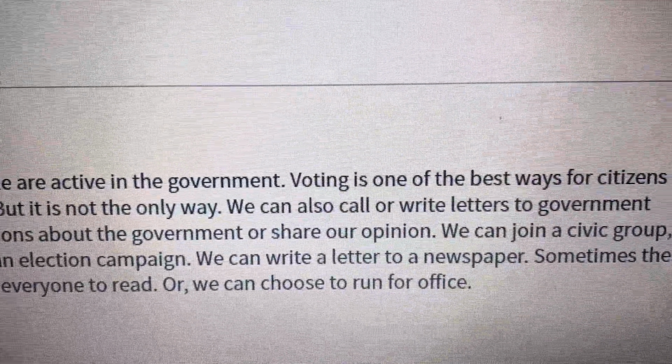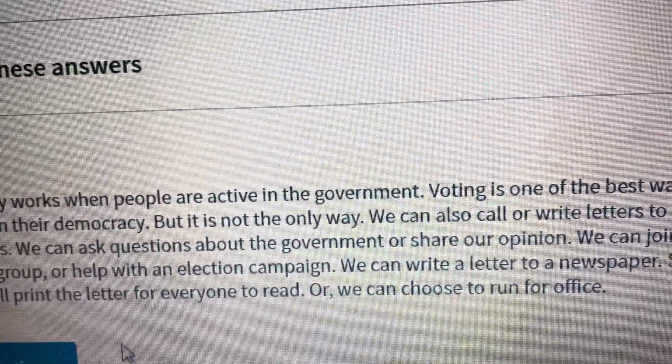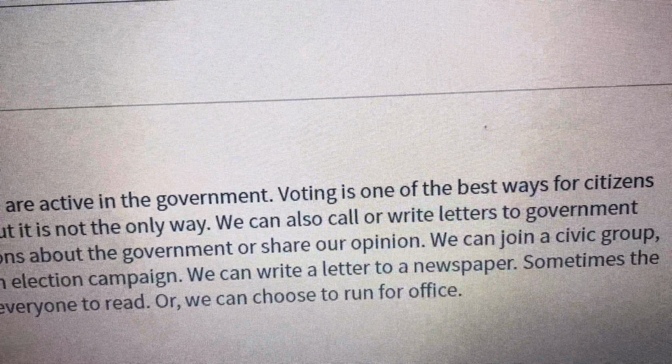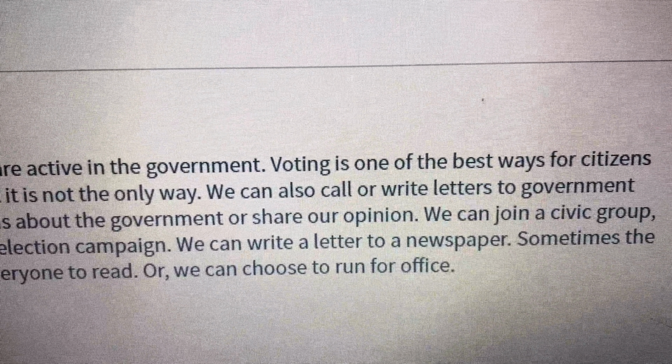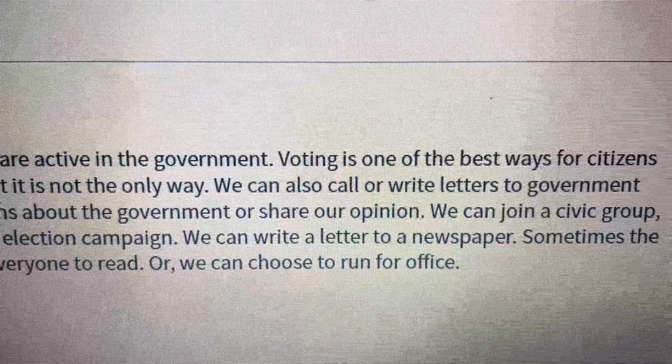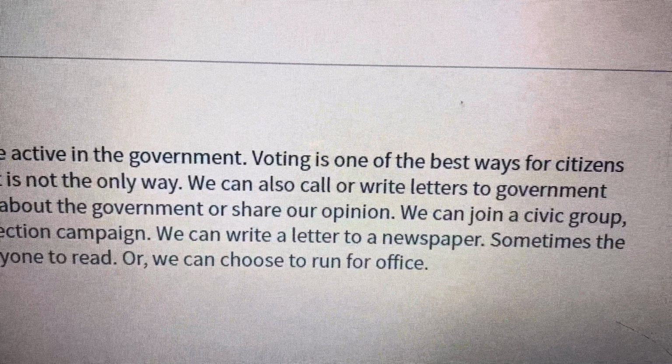You can just say we can write a letter to a newspaper, or we can choose to run for office. So that's it. There are no questions there, no answers. That is all of the above, like we did right now.